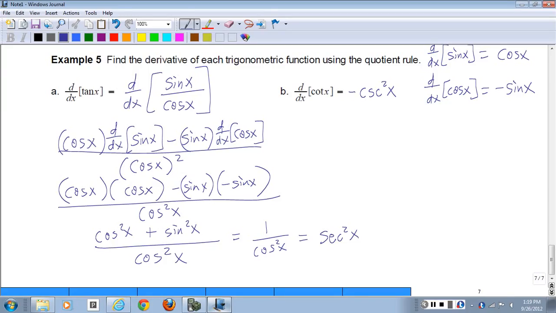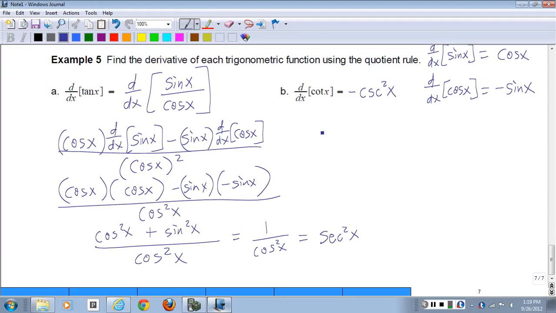I feel like I should actually work this out. We're going to end up with a negative sine squared x minus cosine squared x in the numerator, and we'll factor out the negative sign, and then we'll have negative 1 there. And in the denominator, it will be sine squared x. That's the way it shakes out. I don't know how obvious that is, though. So let me just go through it quickly.